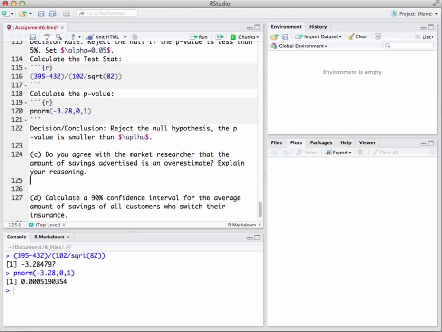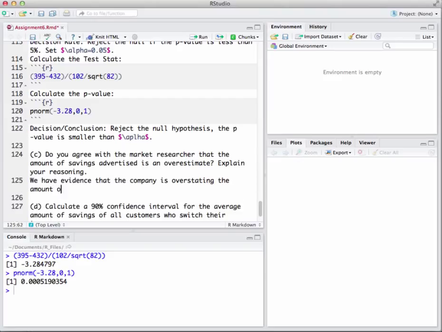What happened here? And we would say we have evidence that the company is overstating the amount of savings.